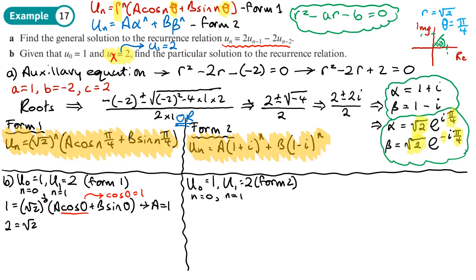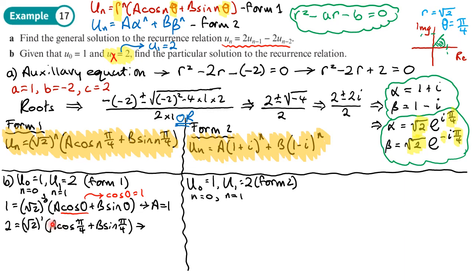So it'd be root 2 to the power 1, and then a cos pi over 4 times 1, so that's just pi over 4, plus b sine, and then again pi over 4 times 1, so just pi over 4. Now if we work out cos pi over 4 and sine pi over 4, they're both 1 over root 2 or root 2 over 2.